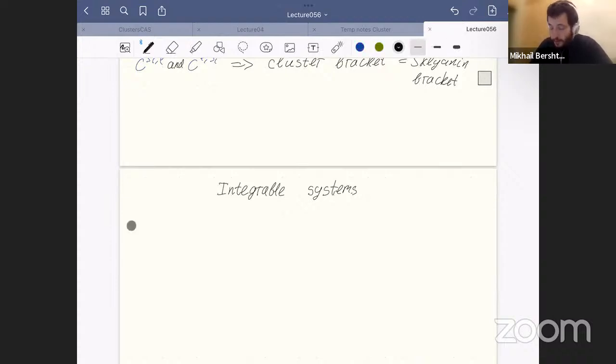So let us now consider double Bruhat cells which are quotiented by the adjoint action of the Cartan. What does it mean practically?